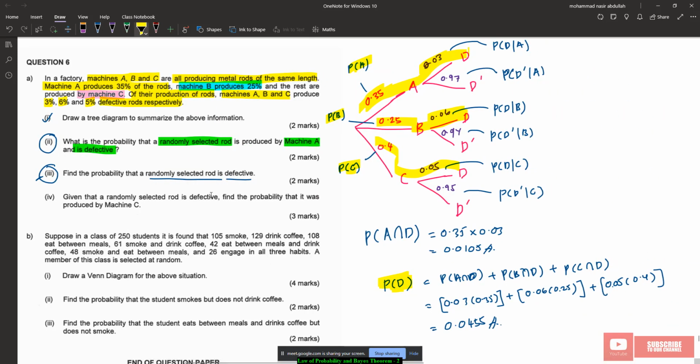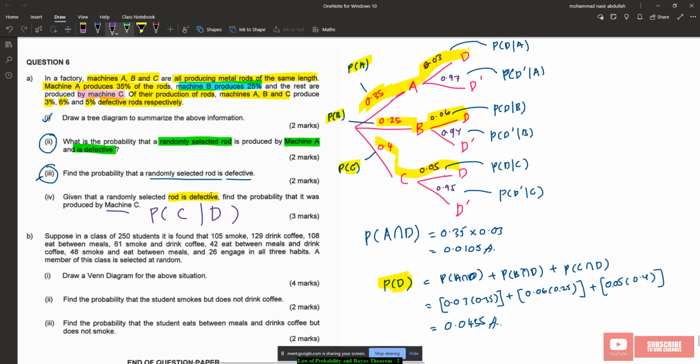Now, given that a randomly selected rod is defective, try to do this notation. It says here, given the selected rod is defective, find the probability that it was produced by machine C.